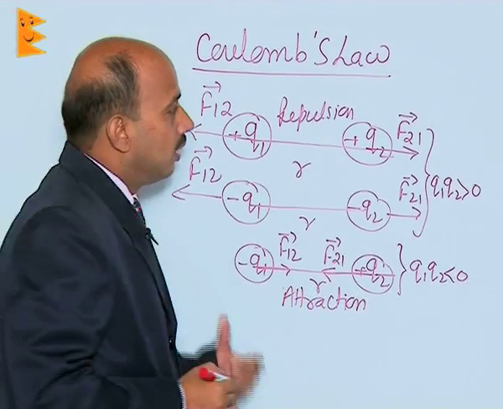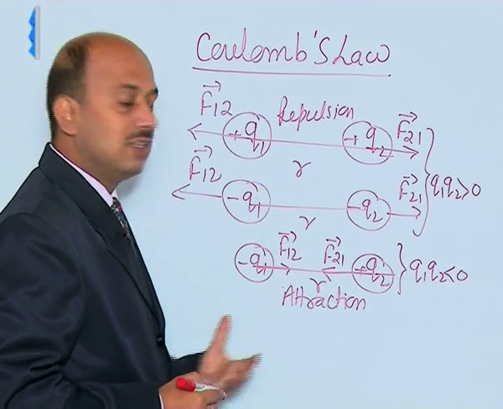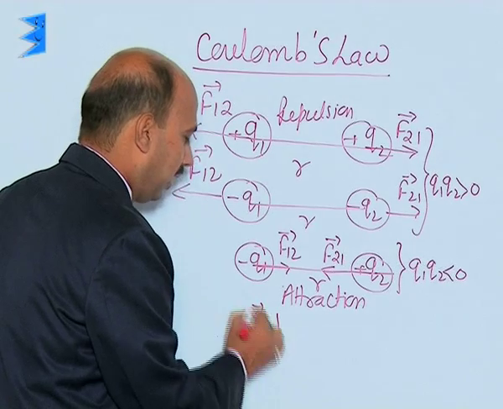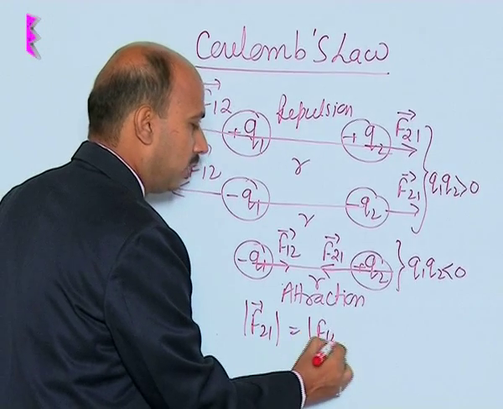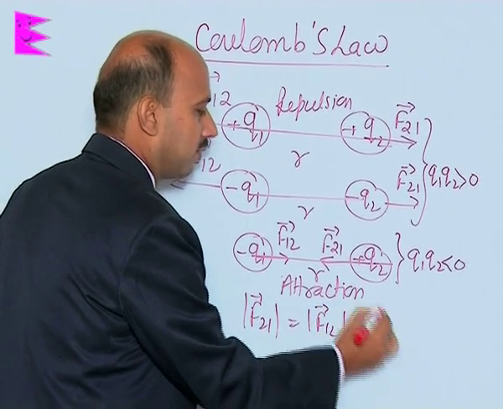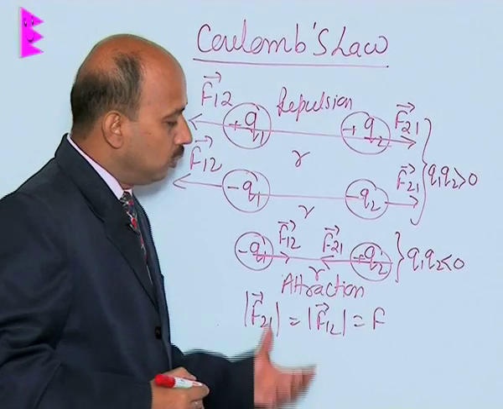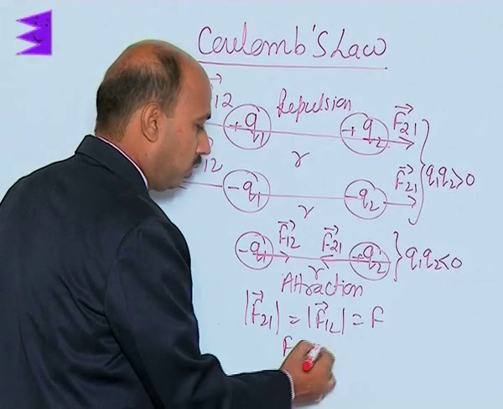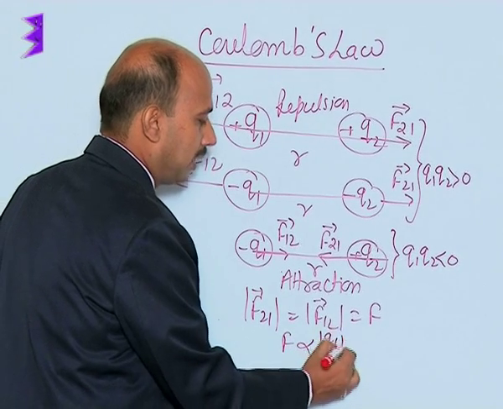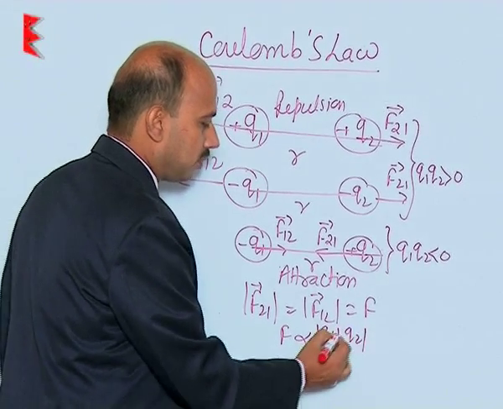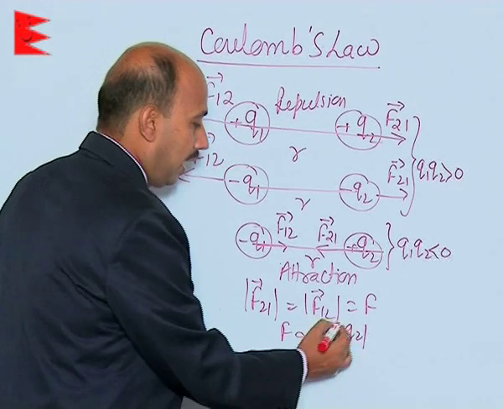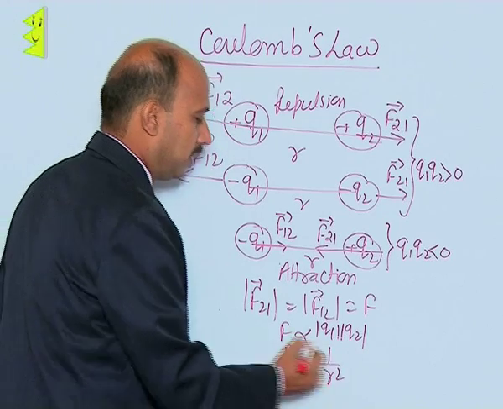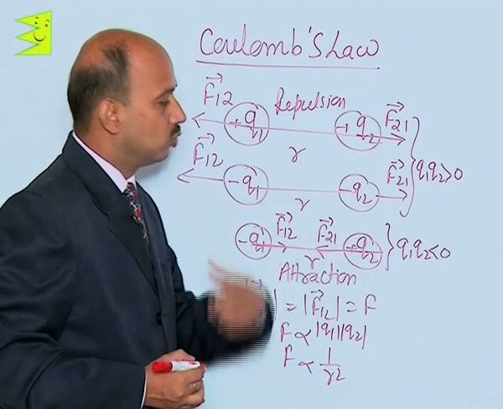So the magnitude of these two forces, these are the mutual forces, F21 is equal to F12 is equal to F. The magnitude of these two forces is directly proportional to the product of the magnitude of the charges and inversely proportional to the square of the distance between these two charges.